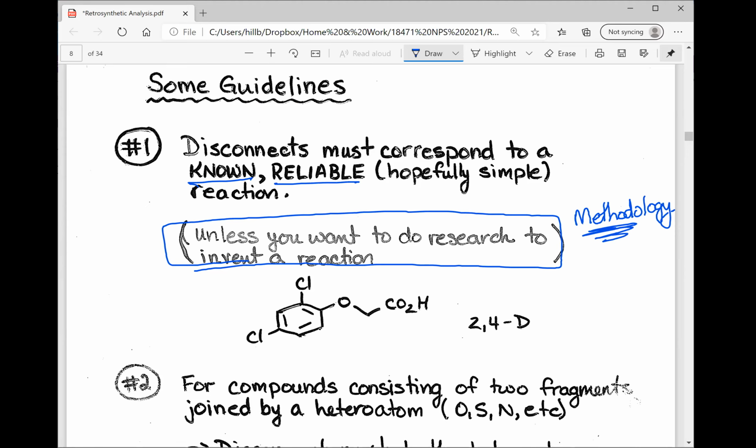So what we would be doing before that, like now you'd want to use known reliable reactions. So this molecule here is 2,4-D, which would be a pesticide.